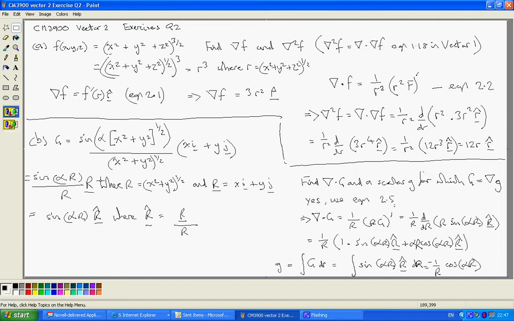Now in part B, we see that we only have x and y, so we should note that we have cylindrical fields, and by definition, the square root of x squared plus y squared is large R, or capital R, and so we can rewrite this expression G as sine alpha R divided by R times the vector r, where the vector r is defined as xi plus yj.